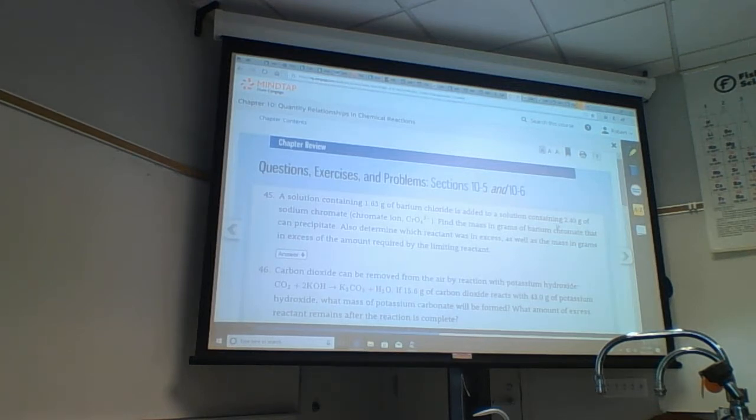All right, so let's try out some limiting reactant problems here. For example, number 45. A solution containing 1.63 grams of barium chloride is added to a solution containing 2.40 grams of sodium chromate. The reaction is between barium chloride and sodium chromate. Let's try that.